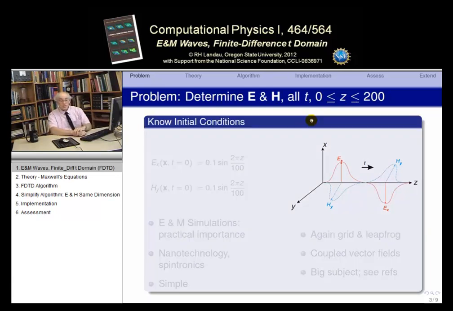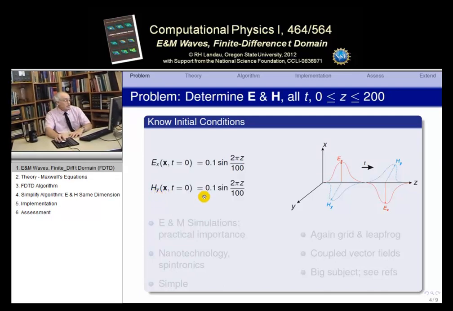You're given the initial conditions. The initial conditions are similar to this sketch, which is just a sketch. It's not a real plot. But you're told that initially at time 0, there's an x component of the electric field with some sinusoidal variation in space. And then there's a y component of the magnetic field with the same sinusoidal variation in space.